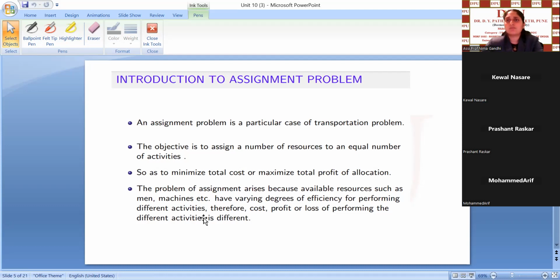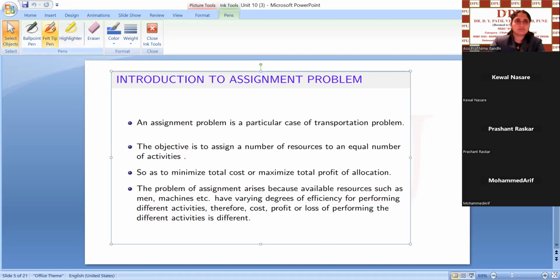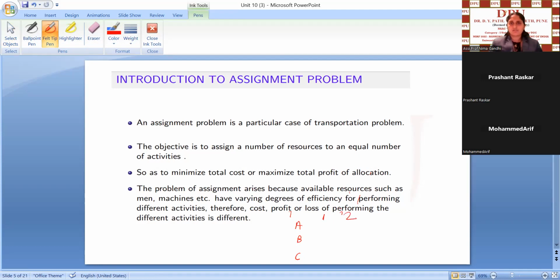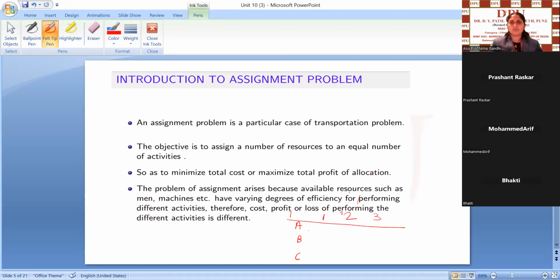So if there are three persons, A, B, C, and they are doing three works, like work 1, work 2, work 3, you are doing the one-by-one assignment here.